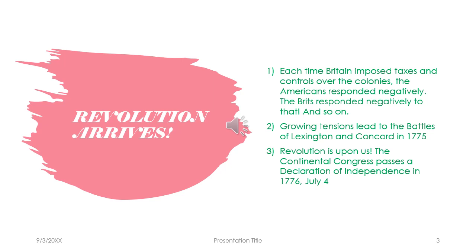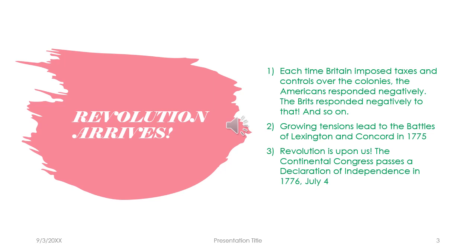So you do have these growing tensions, right? And then it sort of culminates in the year 1775 in the battles of Lexington and Concord. So now you're getting conflict breaking out into the open in terms of actual physical violence between the two groups.